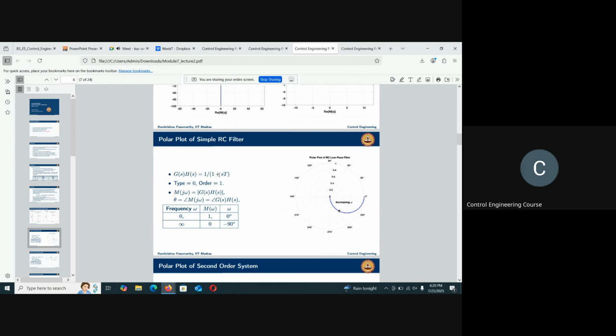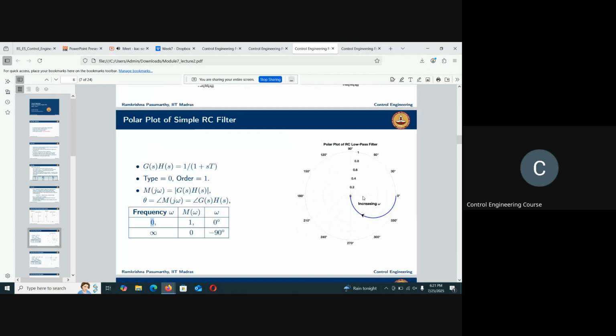At omega equal to 0, what is the magnitude, what is the phase? Put omega equal to 0, what do you get? The number 1, just 1, 1 plus 0j. That will be the right hand side here. The magnitude is 1, the angle is 0 degree.